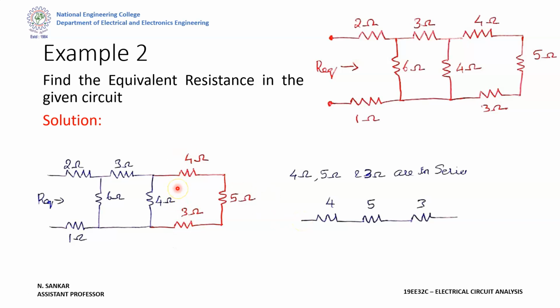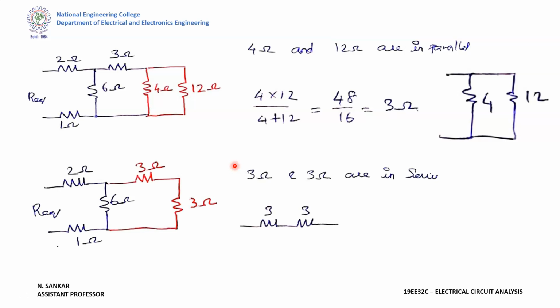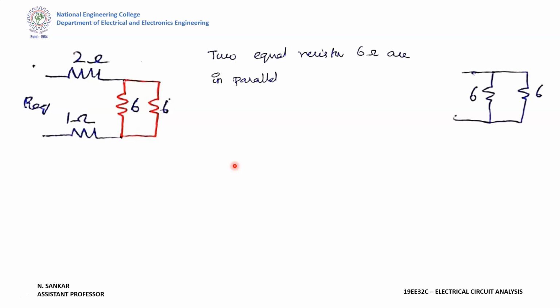Just take one terminal at this node and another terminal at this node. Similarly, for 4 and 12 ohm, remove these two resistors and connect a single resistor at the beginning node here and the ending node here. You have to keep replacing resistors until you find the R equivalent value, or until a single resistor remains.